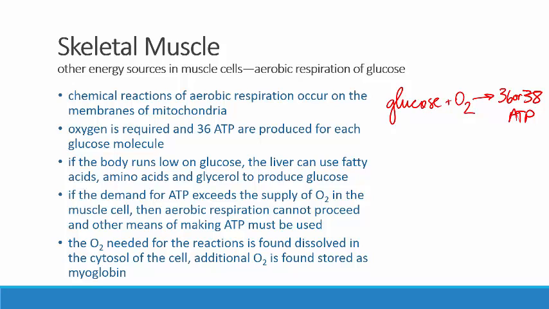If we run low on glucose throughout the body, so that we start to deplete the glycogen stores in the liver, we can also use fatty acids, amino acids, and glycerol. They are all molecules that have energy in them.